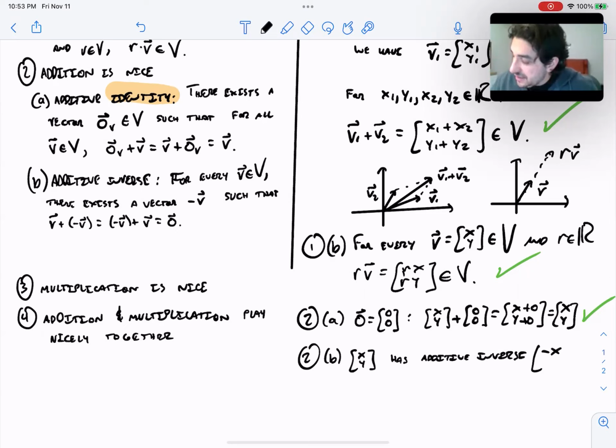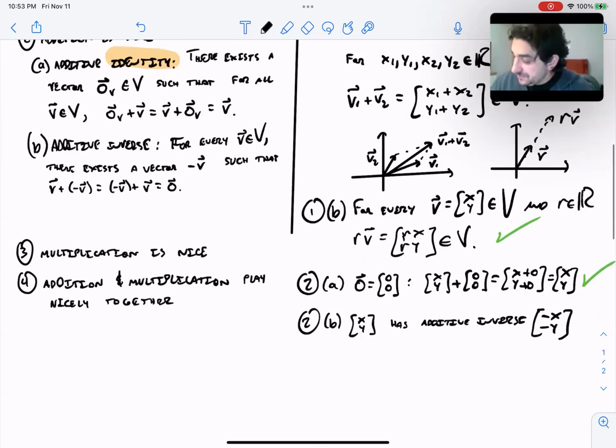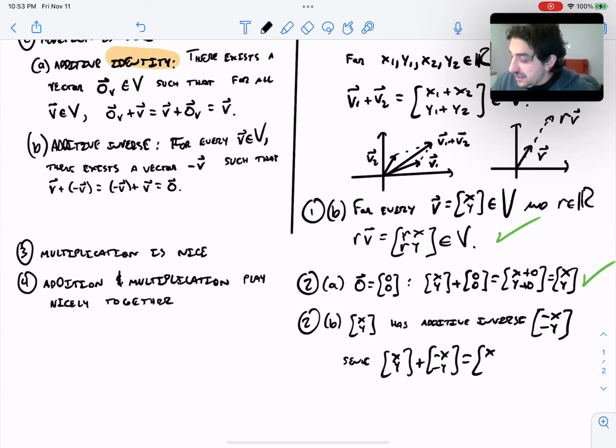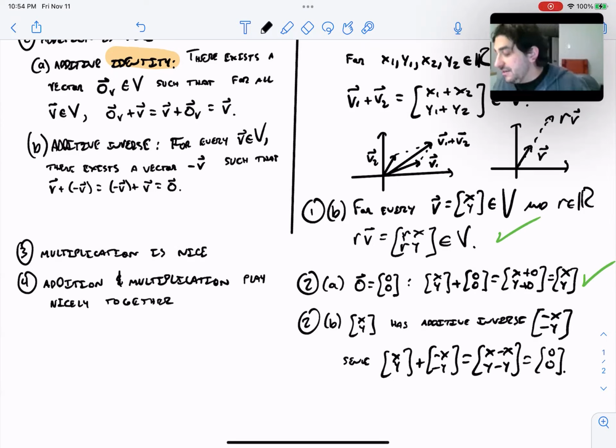Well, -x, -y. That's the vector that you could add to xy to get back to the 0 vector, since xy plus -x, -y equals x minus x, y minus y, which is 0, 0. That gives you the 0 vector when you add it. And it works on adding to the left or adding to the right.